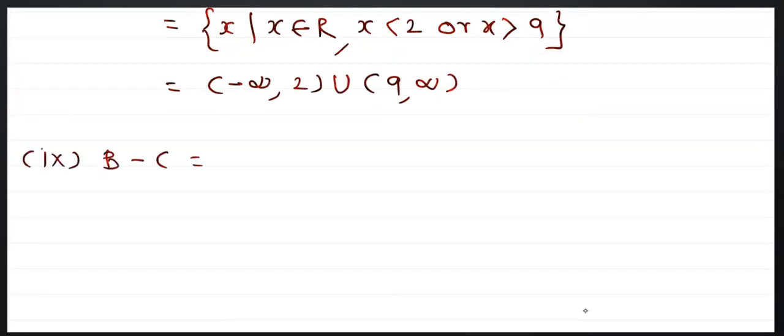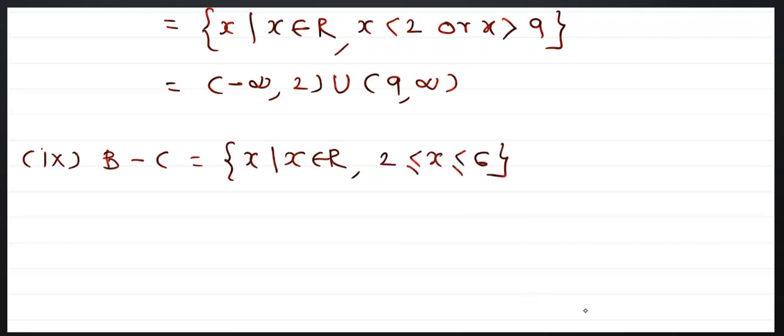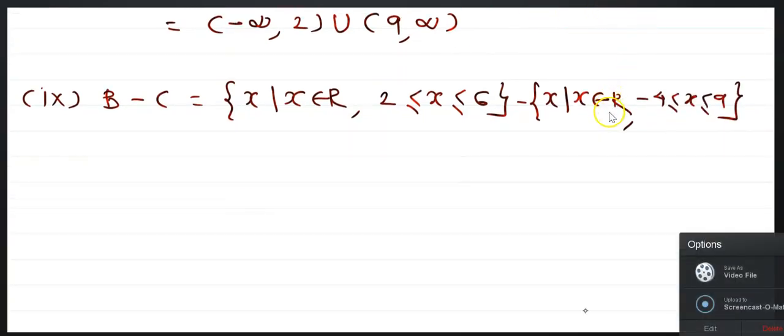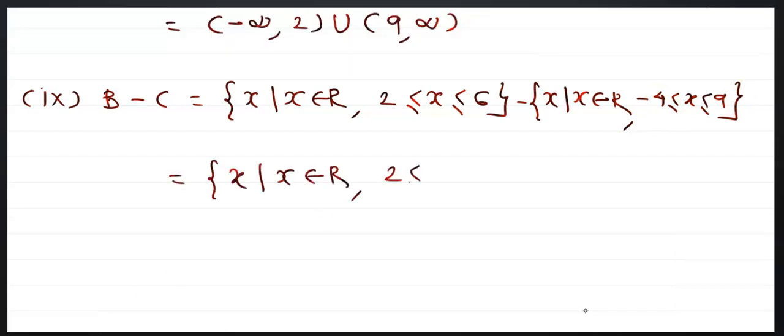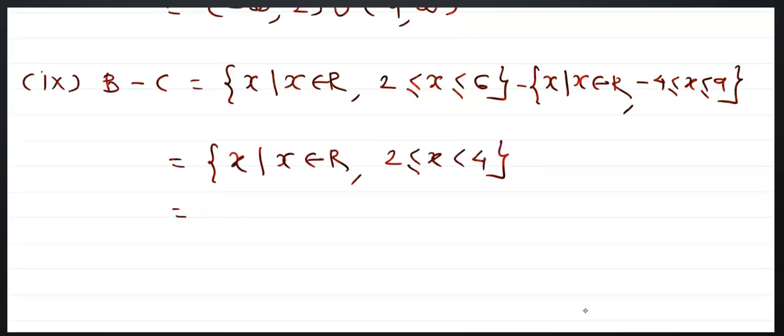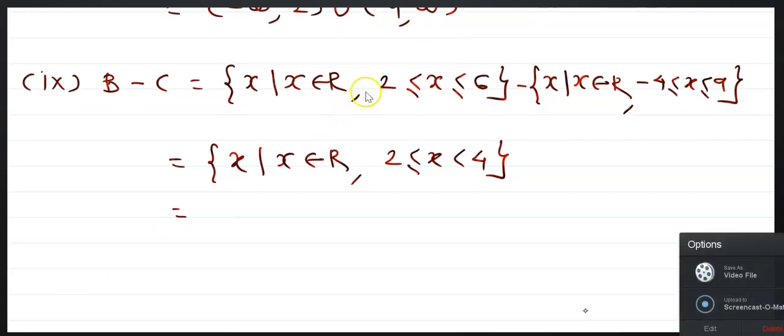And the next one is the ninth one, B minus C, that is x belongs to the set of real numbers and x lies between 2 and 6, minus x is such that x belongs to the set of real numbers and x lies between minus 4 and 9. Now again see this here, that is the minus of these two, which we can take here, that is minus 4 to this.